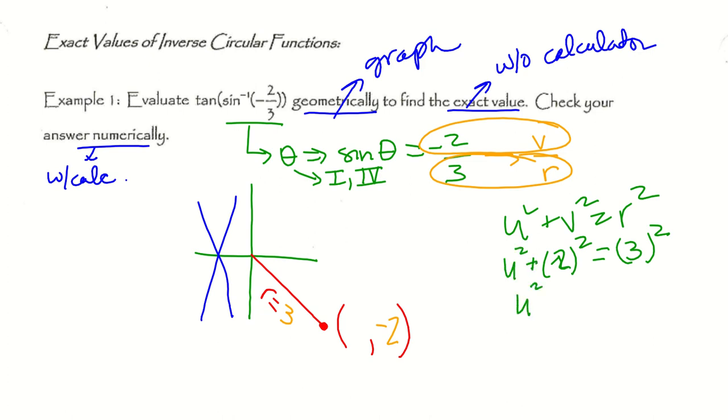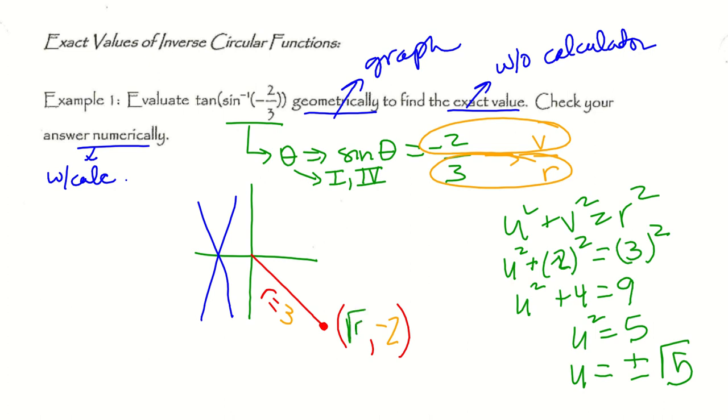So I get u squared plus 4 equals 9. So u squared must equal 5, which means u must equal plus or minus the square root of 5. Since u is on the right side, I know that it's going to be the positive square root of 5, right? If it were on the left side, it would be negative.